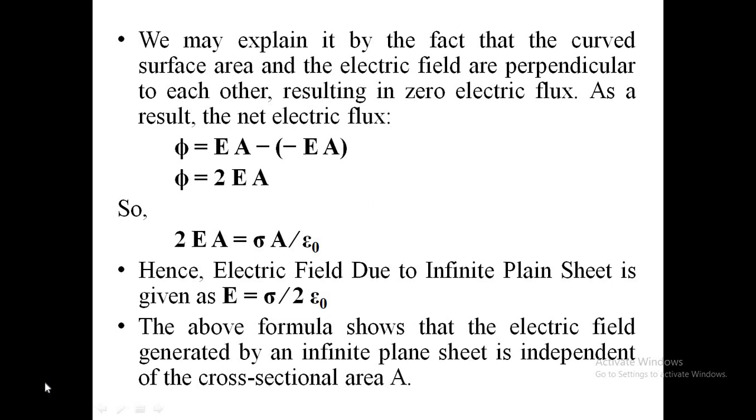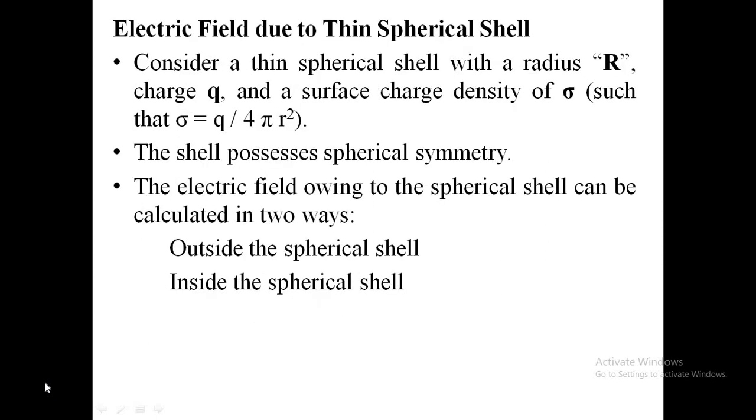Hence, the electric field due to the infinite plane sheet is given as E is equal to sigma by 2 epsilon naught. From the above formula, we can understand that the electric field generated by an infinite plane sheet is independent of the cross-sectional area A.